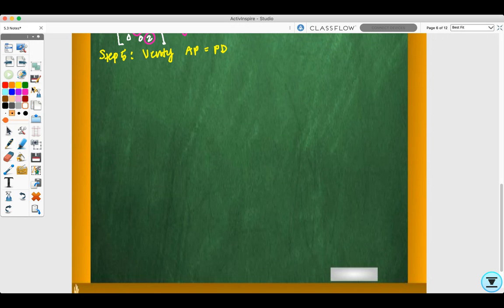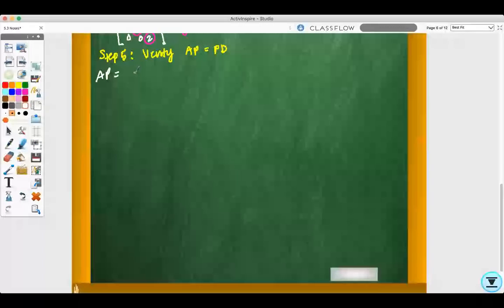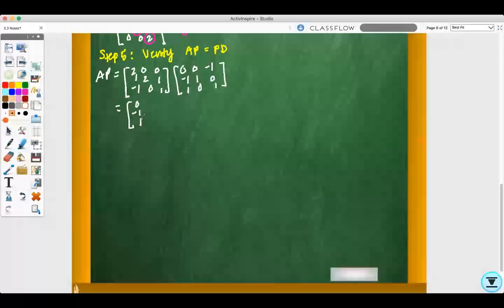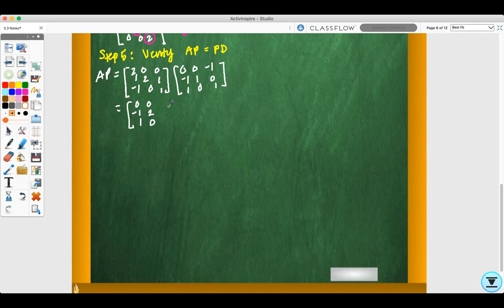So AP would be 2, 1, negative 1, 0, 2, 0, 0, 1, 1 times 0, negative 1, 1, 0, 1, 0, negative 1, 0, 1. When I multiply those, I end up getting 0, negative 1, 1, 0, 2, 0, negative 2, 0, 2.